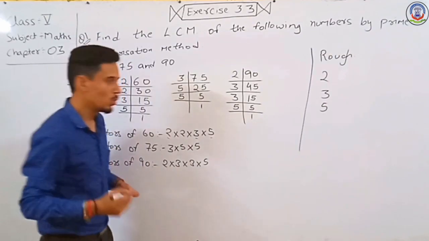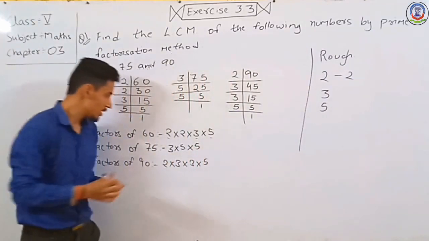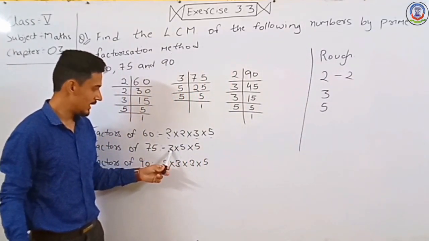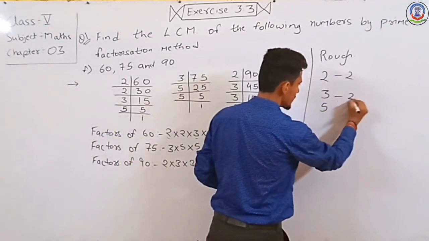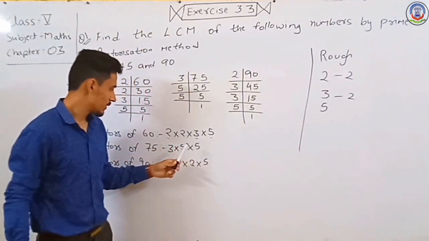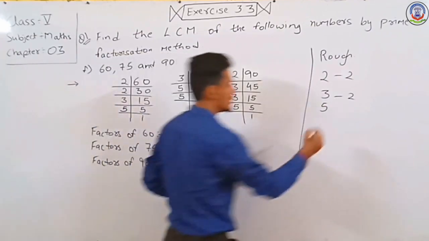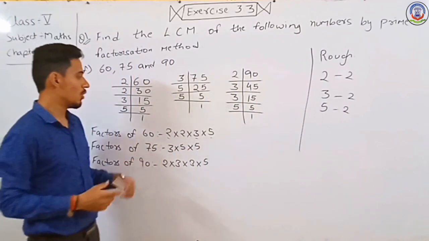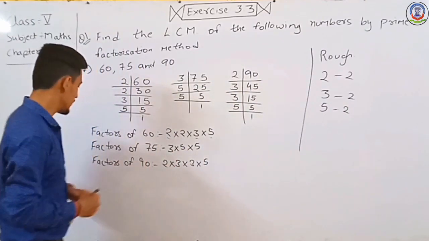Maximum is 2 times. Next we have 3: 1 time, 1 time, 2 times, so it is also 2 times. Next we have 5: 1 time, 2 times, 1 time, so it is also 2 times. So that's how we can know the maximum number of times each prime factor is repeated.